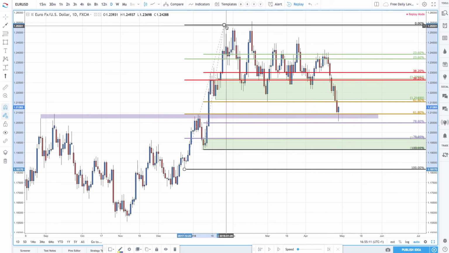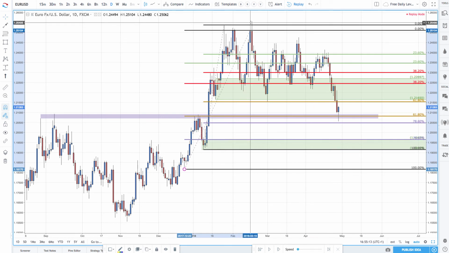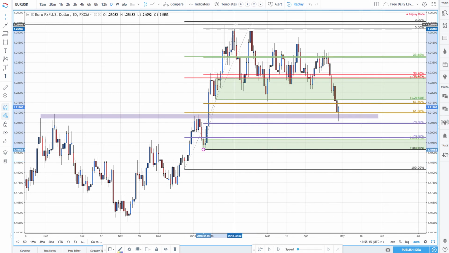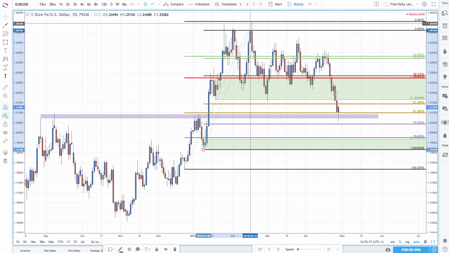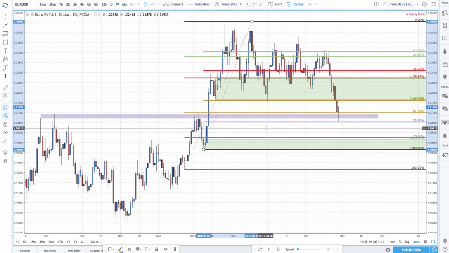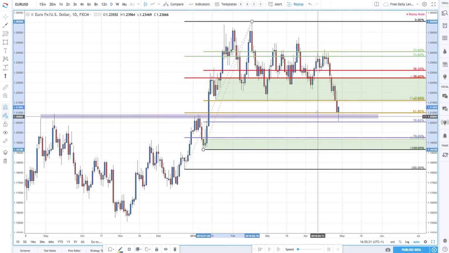Actually, it'd be up here, as this would be the high to this low. Now we can easily see that we've got a level of potential support, previous resistance, and now we've got the 618 and we've bounced off it.